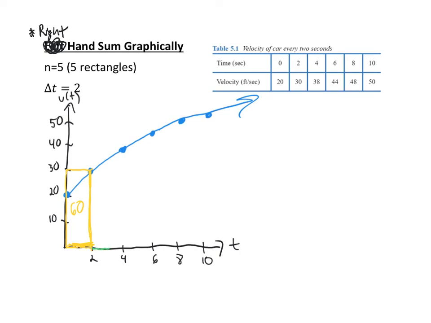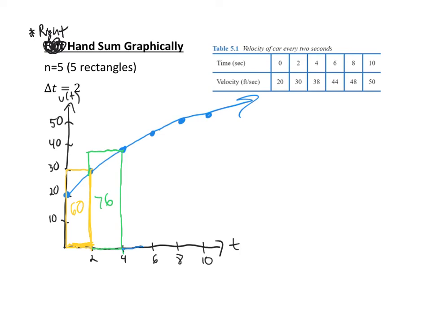Then from 2 to 4 seconds, we guessed the speed, which was 38. If you'll notice, again we get a rectangle that's above the curve, and the area of that rectangle would be 2 times 38 is 76.